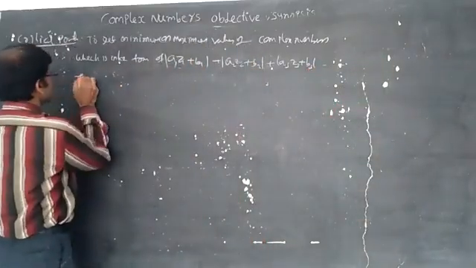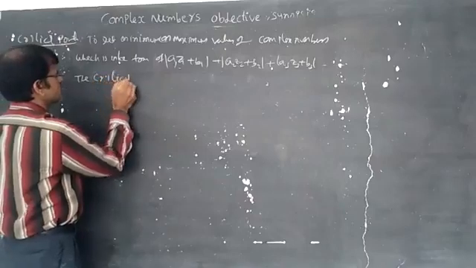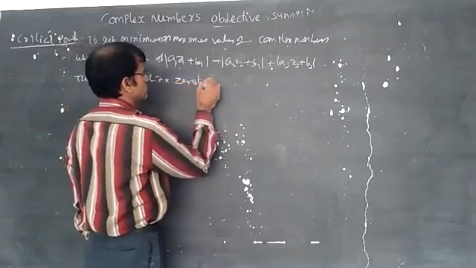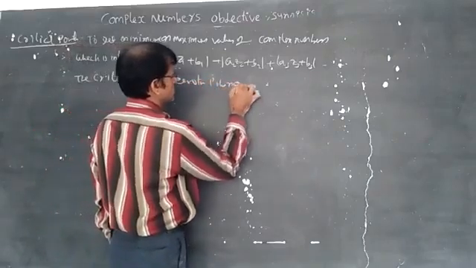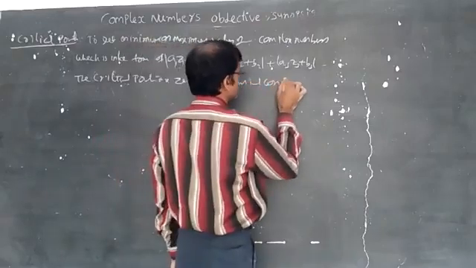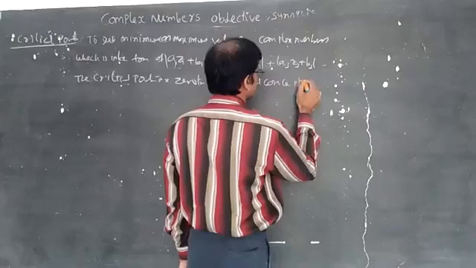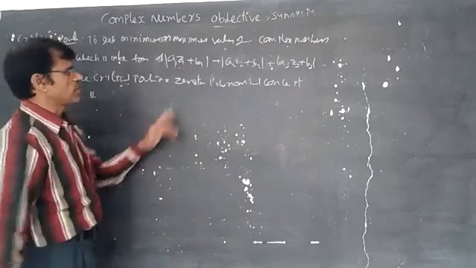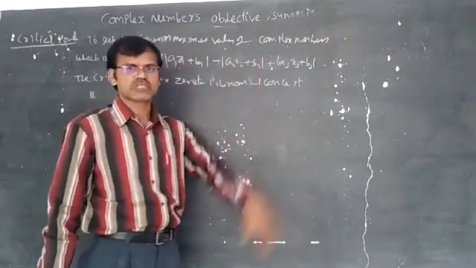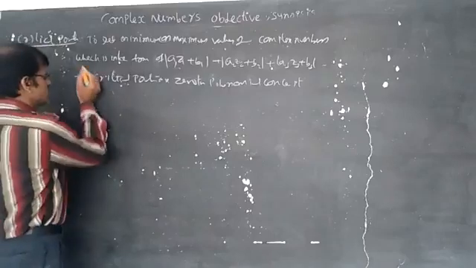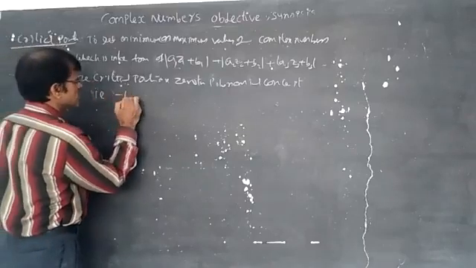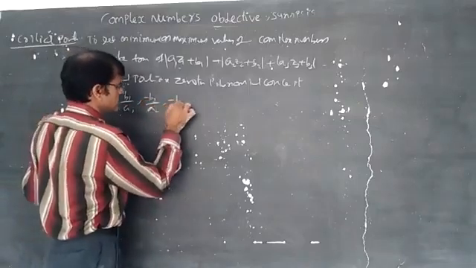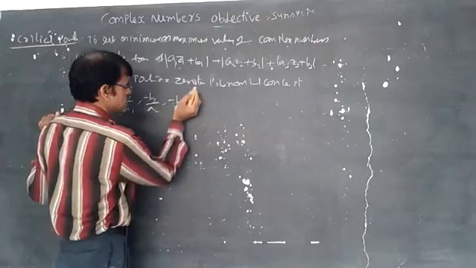The critical points are the zeros of the polynomial, that is not exactly a polynomial because this is a complex number. Complex polynomial. So that is, you can understand minus B1 by A1, comma minus B2 by A2, comma minus B3 by A3, so on.